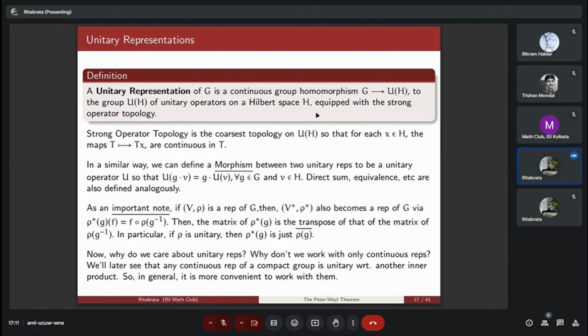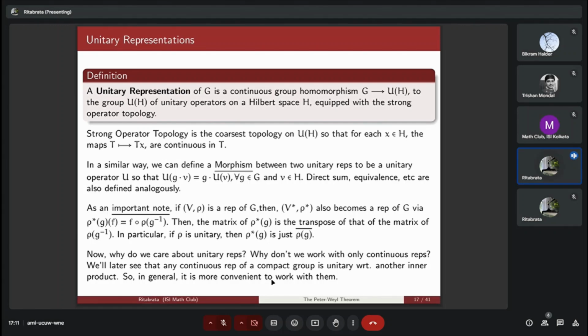But we can define another inner product on H such that, with respect to that new inner product, all operators of G will be unitary, and we can without loss of generality work with that new inner product on H, and we can do it for any Hilbert space. It's more convenient to work with unitary representations rather than arbitrary continuous representations. We might need continuous ones if our group is not locally compact or not compact, but in this case unitary representations are very convenient to work with.